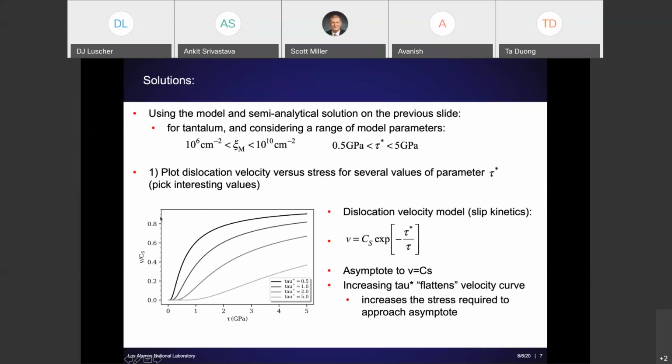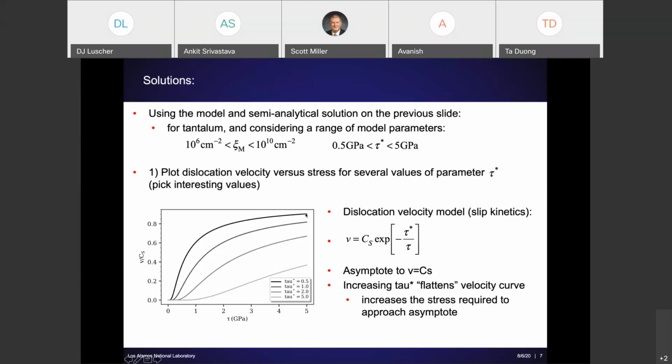So now I'm plotting the dislocation velocity normalized by the shear wave speed. I divided V by C_S, and of course, if I do that, all I'm plotting is the exponential of the negative of the parameter divided by the shear stress. What we see is that there's an asymptote of the dislocation velocity at very high stresses.